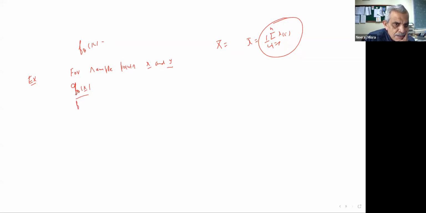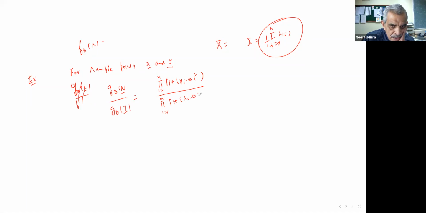It is the product i equal to 1 to n of 1 plus yi minus theta whole square, divided by the product i equal to 1 to n of 1 plus xi minus theta whole square. Is that okay?